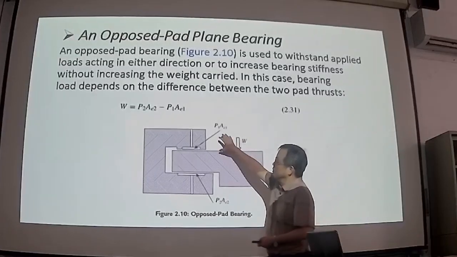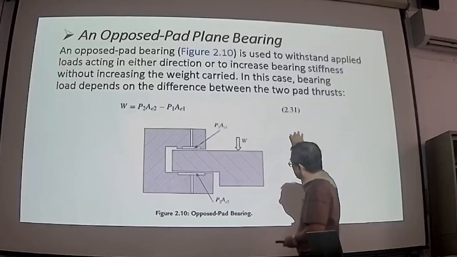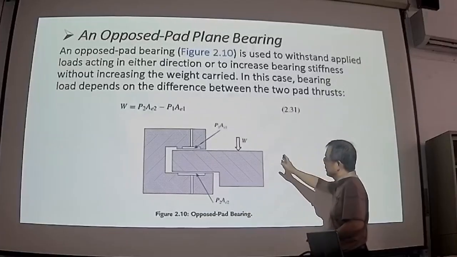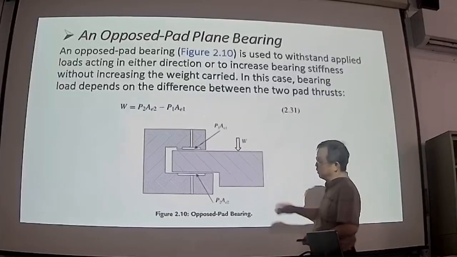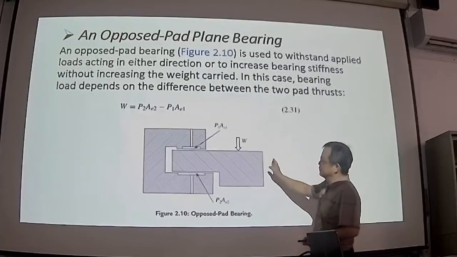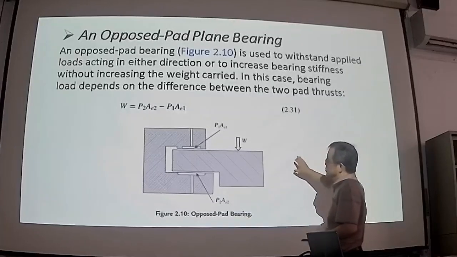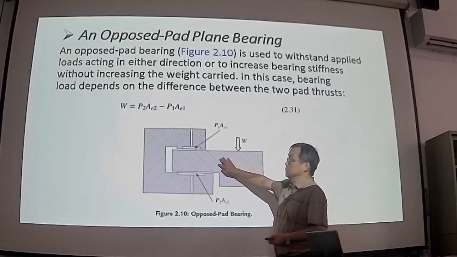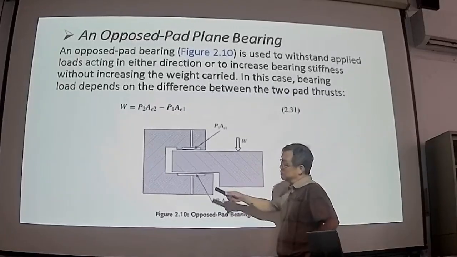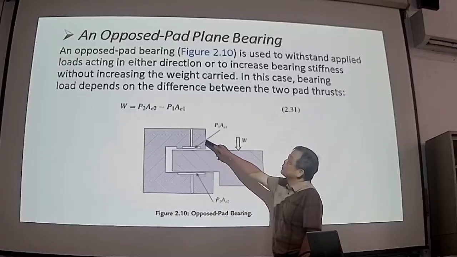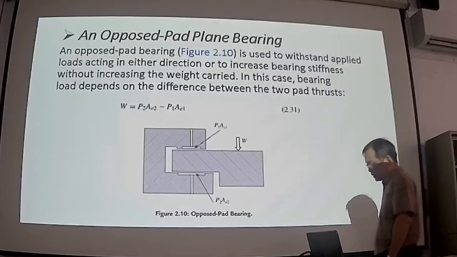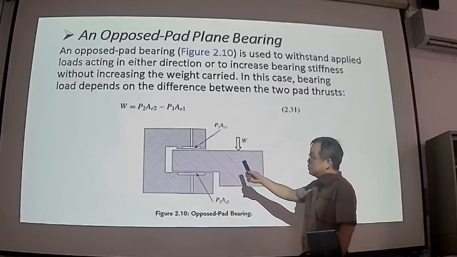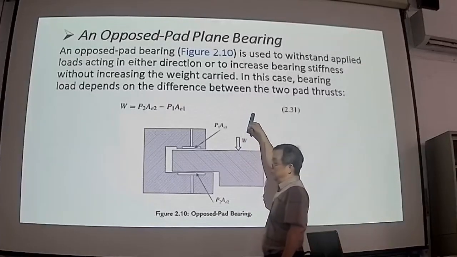You can have a whole structure here with another, symmetric drawing like this. So this is the fixed rail, and this is the opposite bearing pad. Usually we need to have some loading on the table.